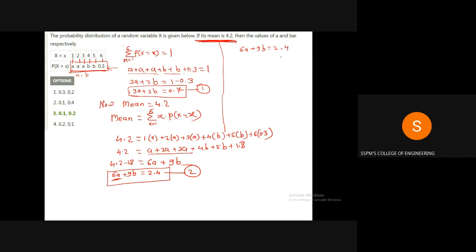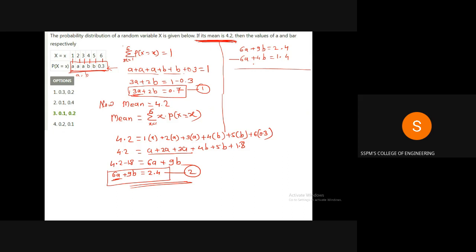First we will write the second equation as it is. Now we have 6a here and here it is 3a, so we will multiply this equation by 2 in order to cancel the coefficients. If we multiply it by 2, we have 6a plus 4b is equal to 1.4. Now we will subtract.